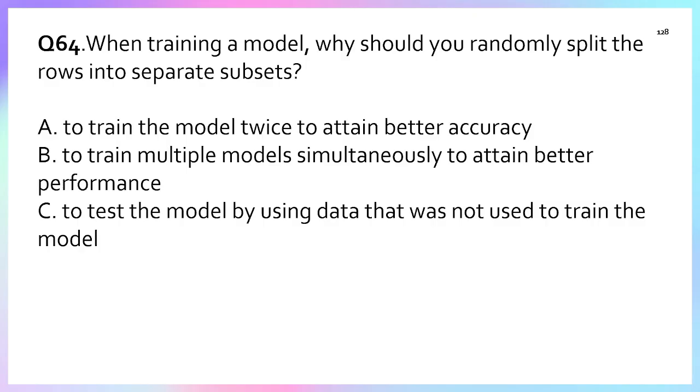The records we already used to train the model, we will not use to test the model. This is the way by which we can get the efficiency of the model. So I will go with option C.